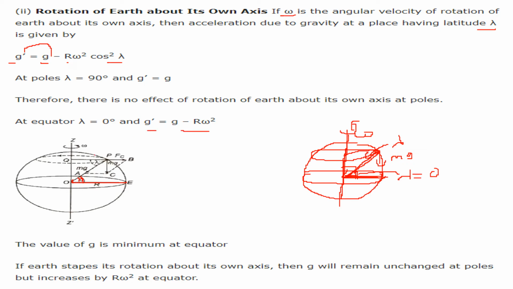So g is minimum at the equator, and g remains unchanged at the poles, where g dash equals g. From the pole to the equator it is going to change with respect to r omega square, because the radius remains the same. Omega is the angular velocity by which the earth is rotating about its own axis.